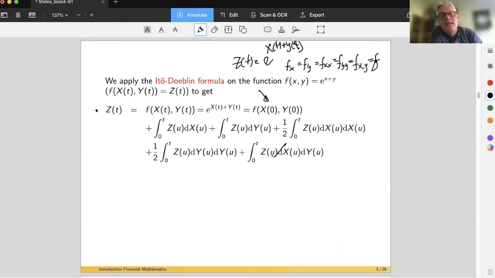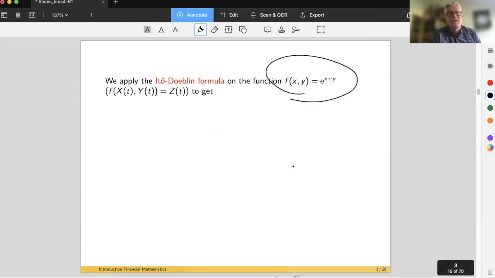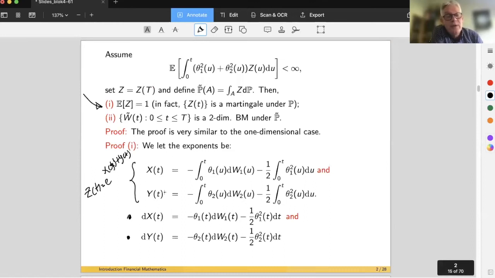Well, this one will cancel out, that I have just explained to you. If we look here and we look at the rules of differential calculus, we say dX dY, that will be a dW1 dW2, and these are independent Brownian motions, that is equal to 0.